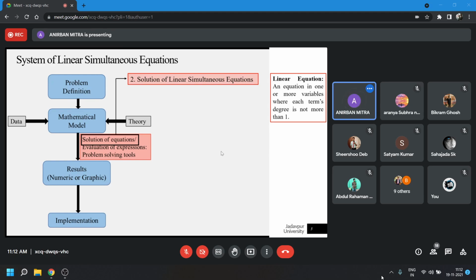However, in generalized form, if you see an equation of this form, that is a11 x1 plus a12 x2, going on to a1n xn equal to a1 n plus 1, this is an example of a linear equation.